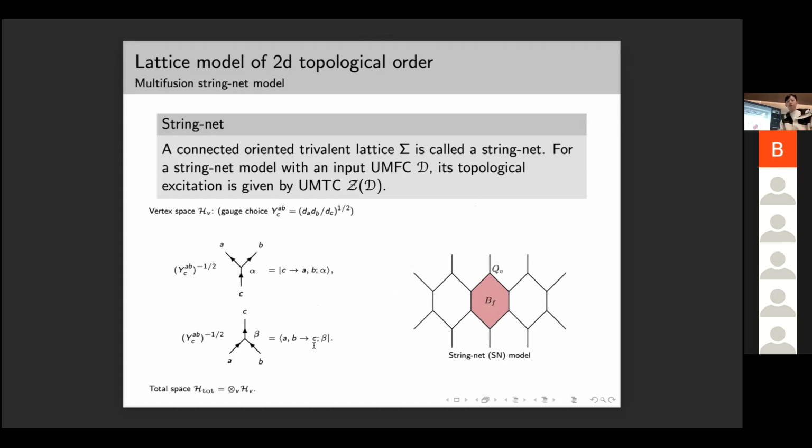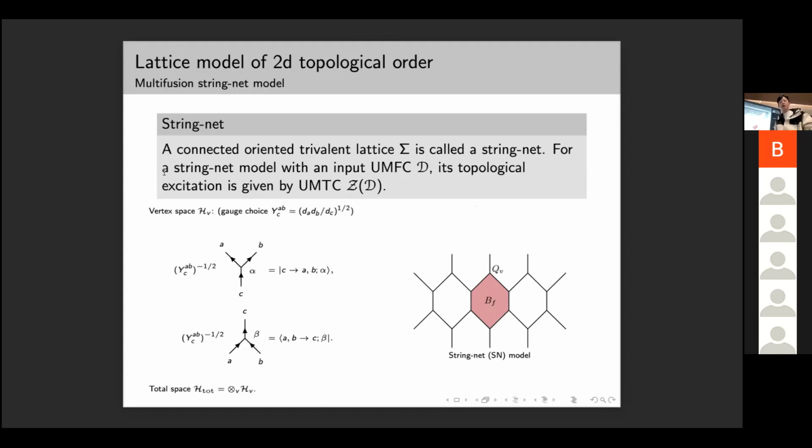So for the multifusion string-net model, we have to discuss this model. We first introduce the definition of the string-net. By the string-net, we mean a trivalent lattice, a trivalent directed oriented lattice. And the input data is just the unitary multifusion category.